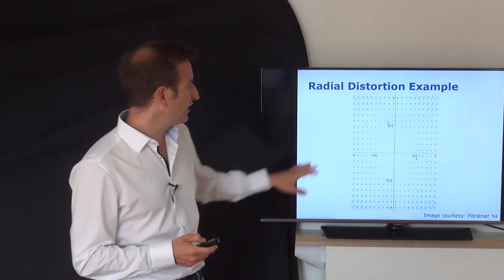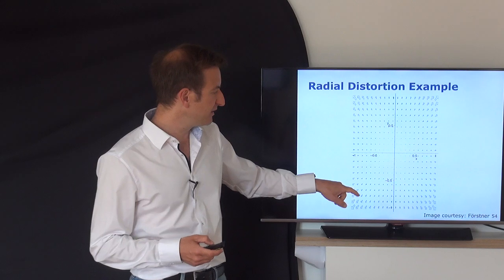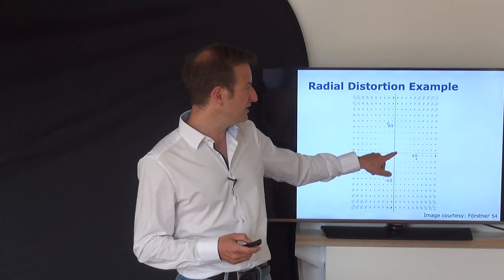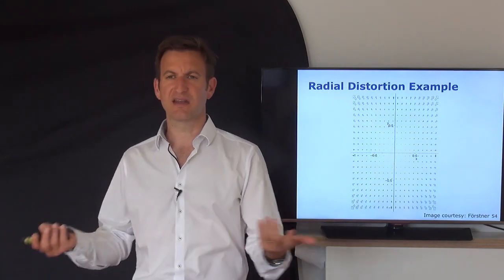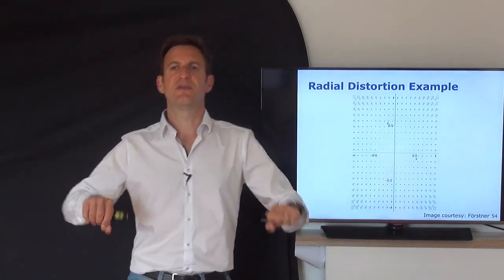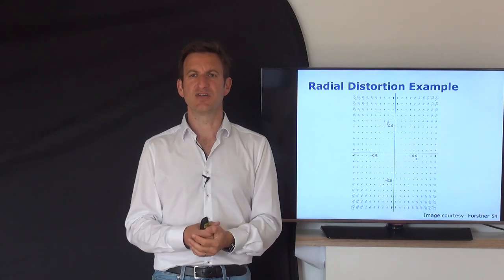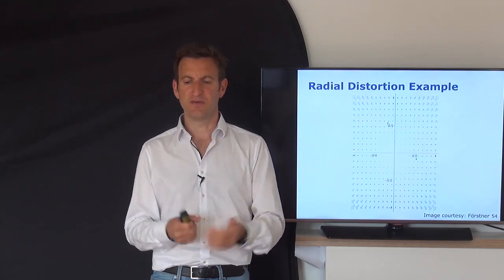Here's one example of how this radial distortion field could look like. There's no distortion in the center, and the further you go to the outside, the stronger your distortion is. Then I can turn that around and shift the pixels in the right direction so that my image gets undistorted using this information.